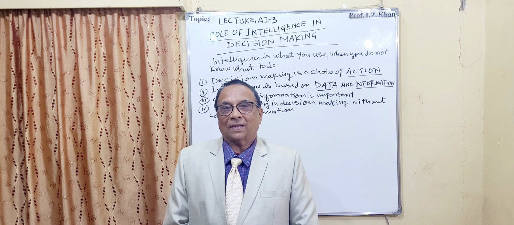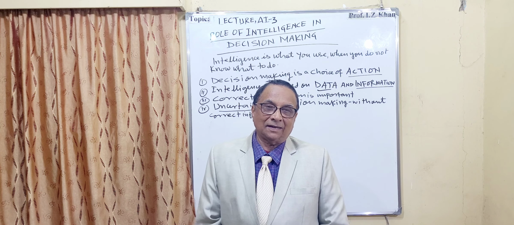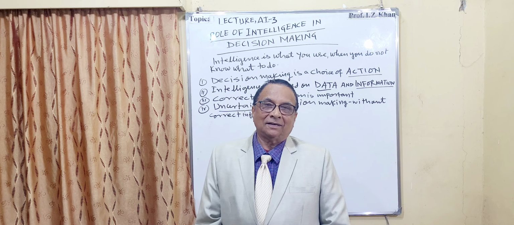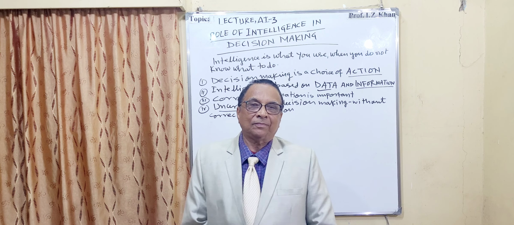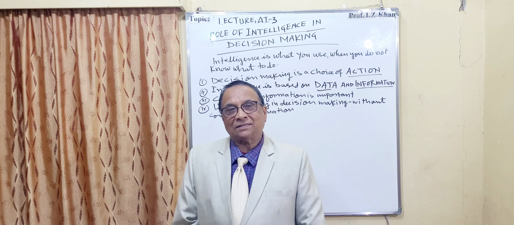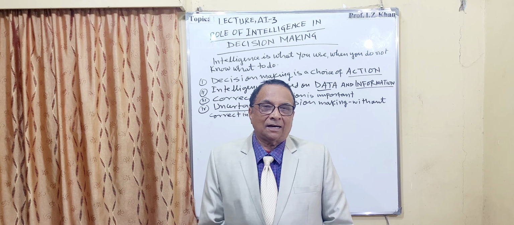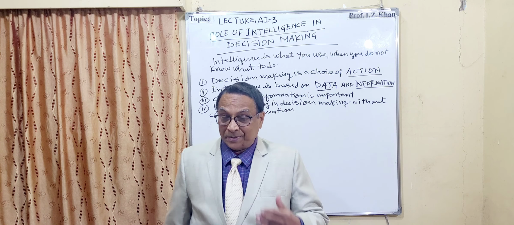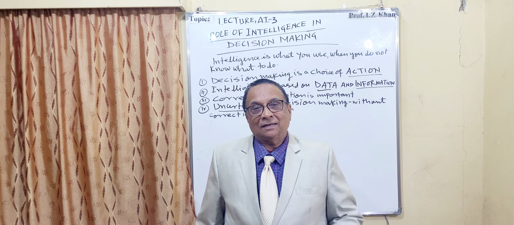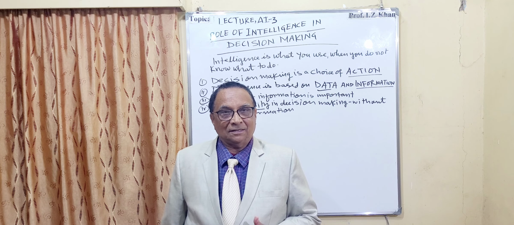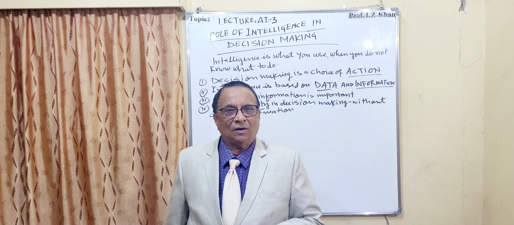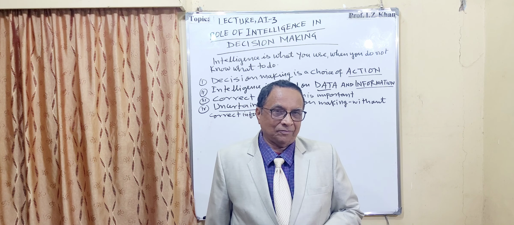decision. But human decision making is not only based on data, but also on previous experience and information. Previous information and experience, past and present, play a very important role in human decision making.